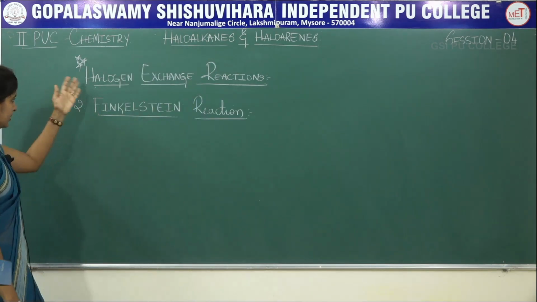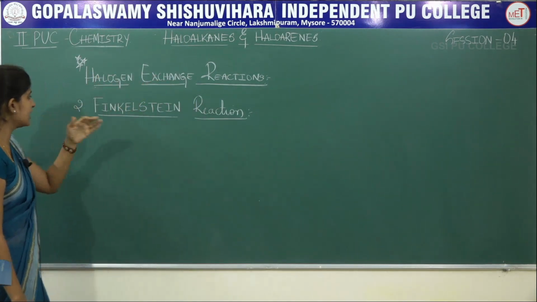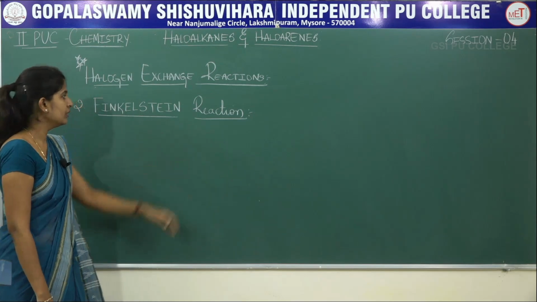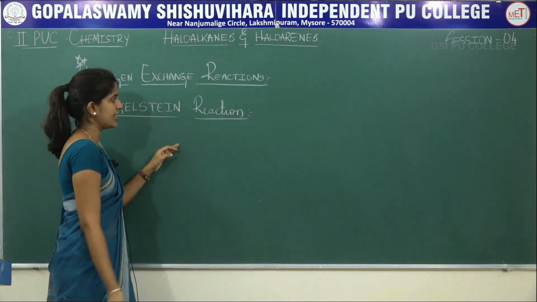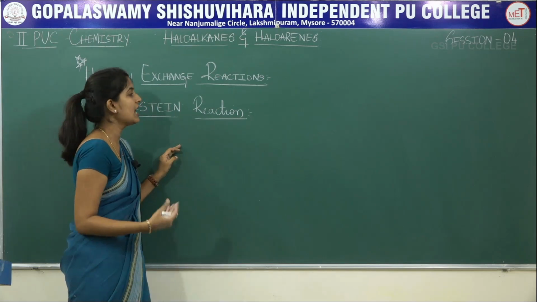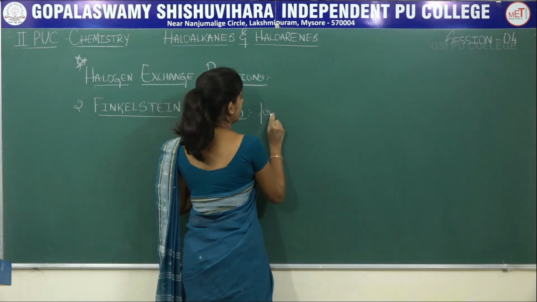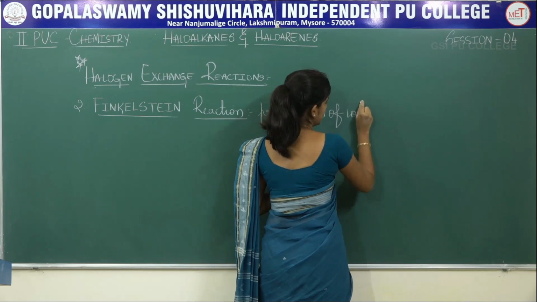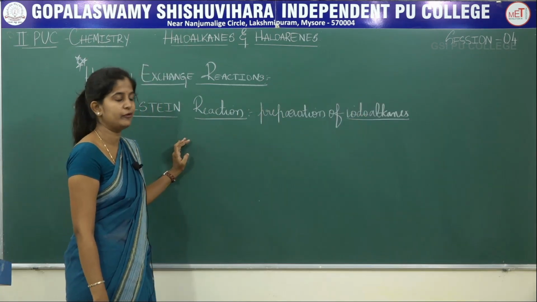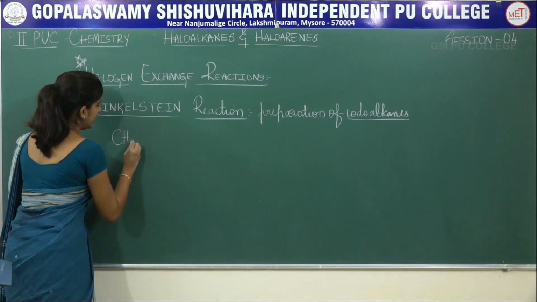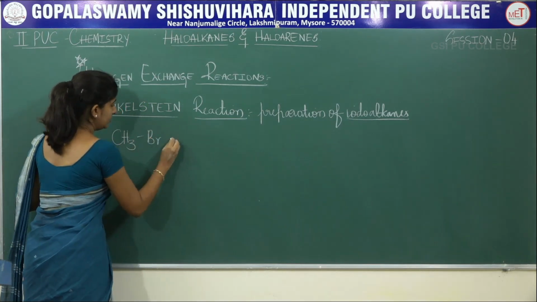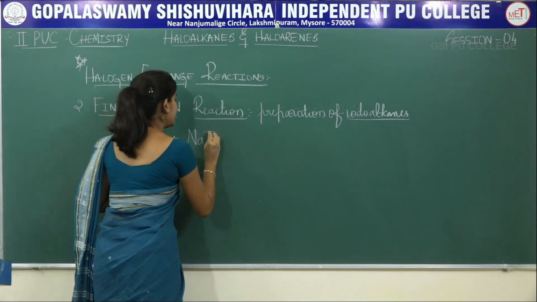The next halogen exchange reaction that we have to study is the Finkelstein reaction. So this is the preparation of iodoalkanes. It is the halogen exchange reaction which fetches you your iodoalkanes. The Swarts reaction is exclusively for the preparation of fluoroalkanes. So take your haloalkane, say bromoalkane, and react it with sodium iodide.